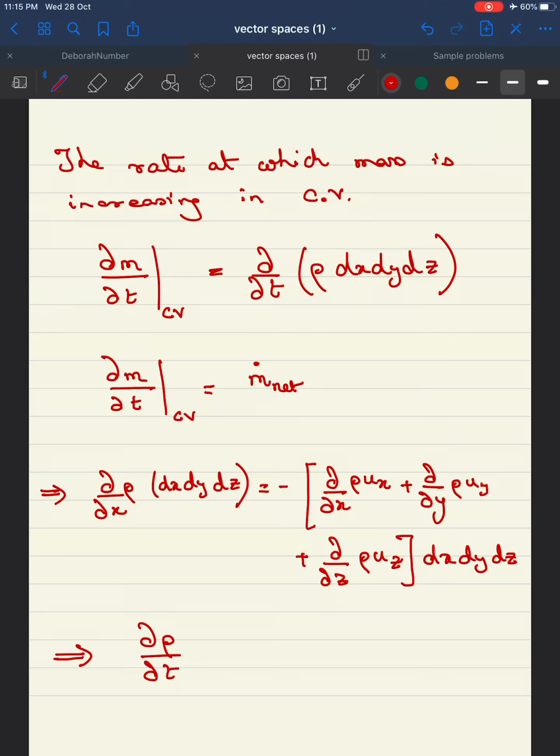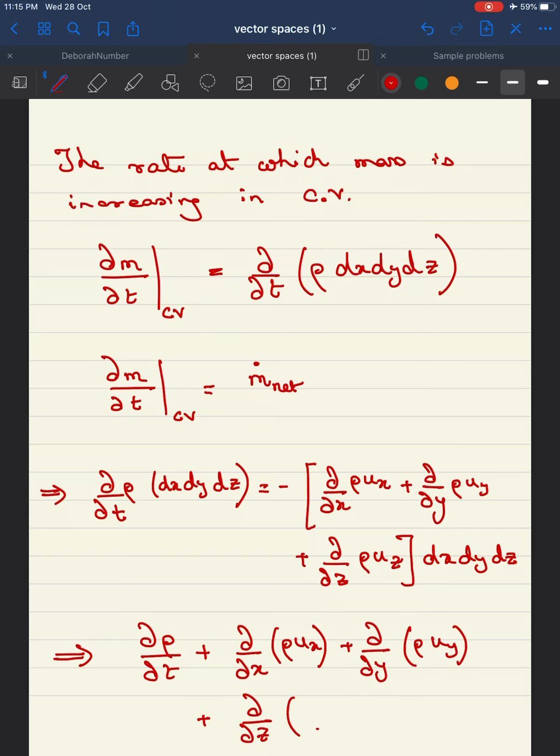Oh, I have made a mistake, haven't I? This is supposed to be t, not x. del t plus del x of rho ux plus del y of rho uy plus del z of rho uz equal to 0.